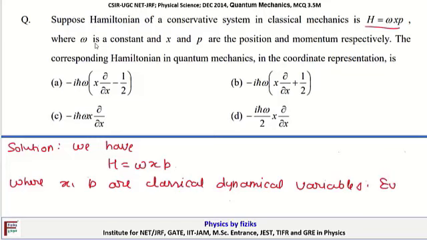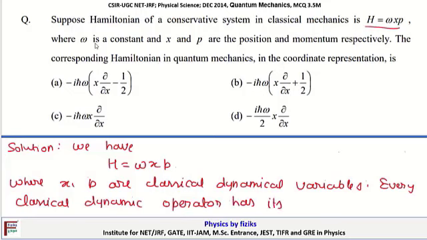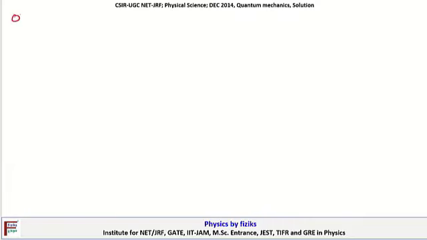and every classical dynamical variable has its corresponding operator in quantum mechanics.